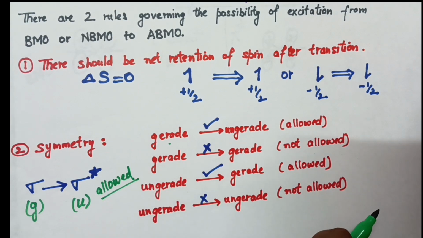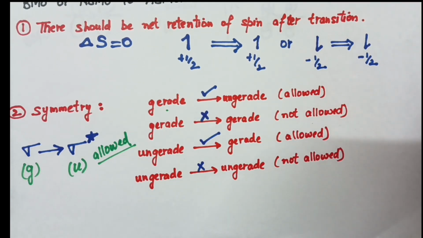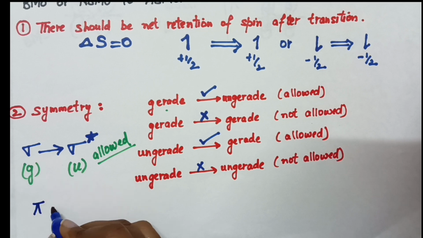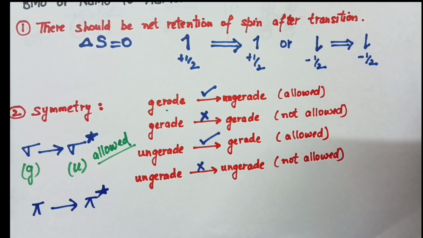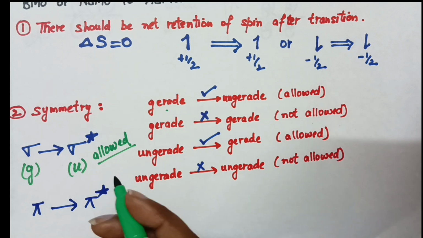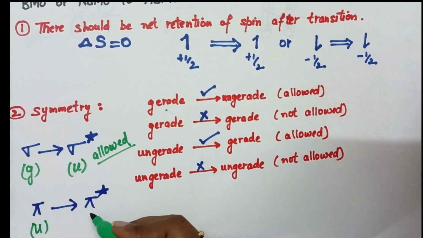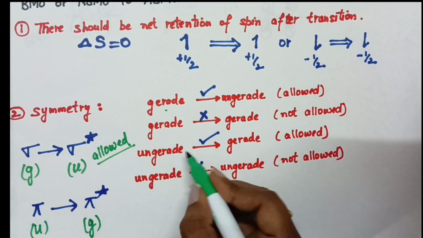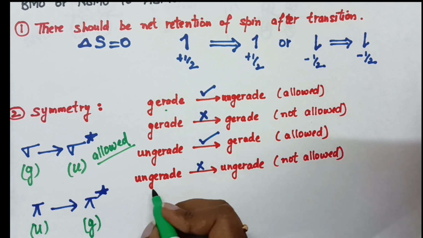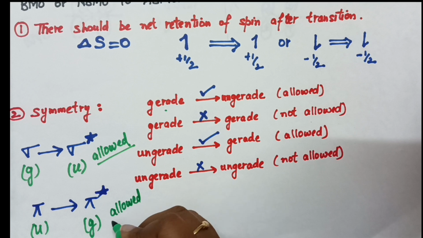Again, I'll take another case. Suppose we have some pi to pi star transition. In this case again we know that pi is ungerade, this we have discussed, and pi star is gerade. From ungerade to gerade transition is allowed, right? So this is also symmetrically allowed transition.